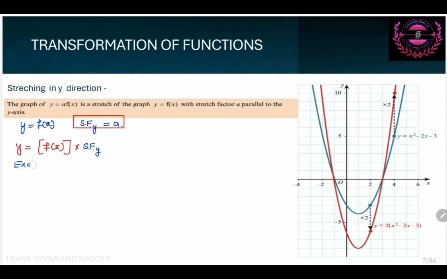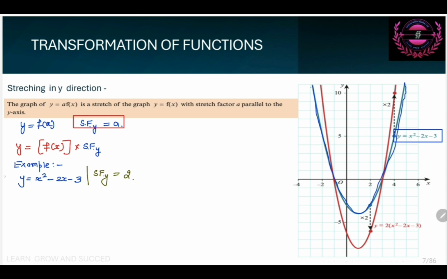For example, we are given a function y equals x square minus 2x minus 3, which is the original function. And now I want to stretch this in y direction with the stretch factor given to be 2.